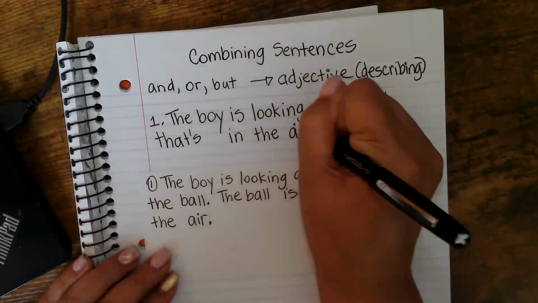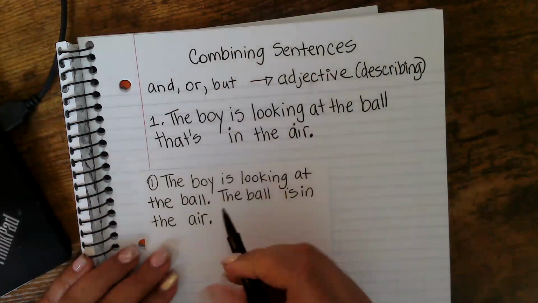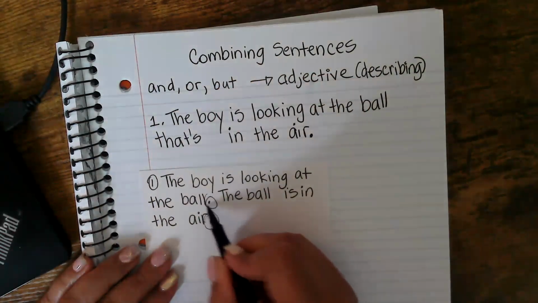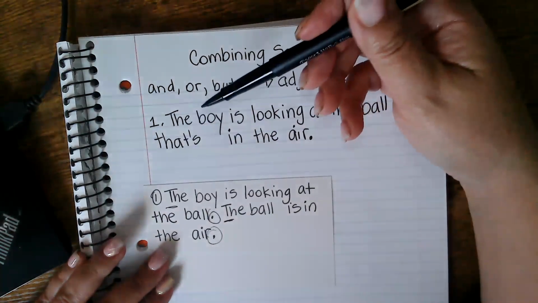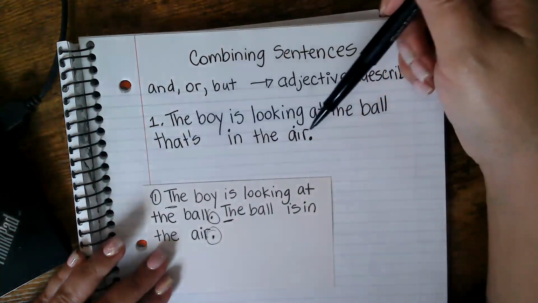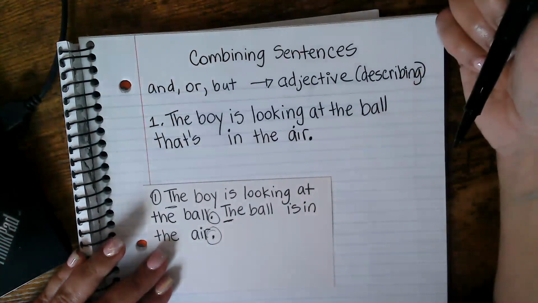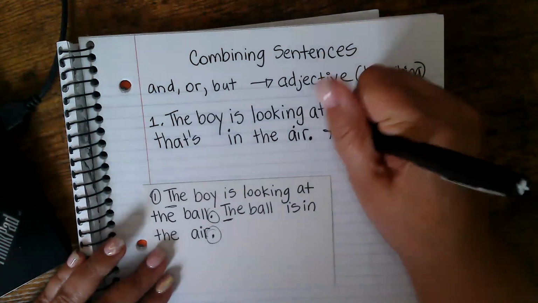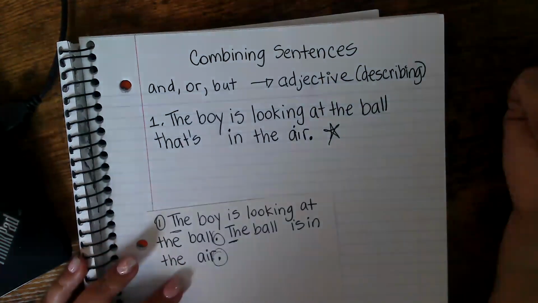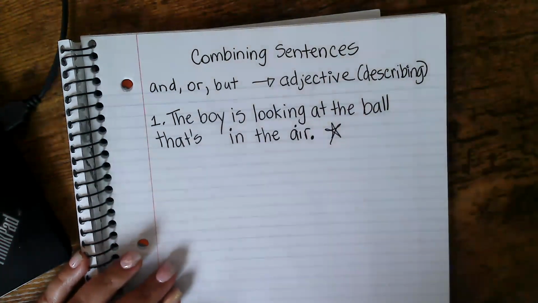So I took the two sentences, and you can tell they're two sentences, right? Because there's two periods and there's two capitals, and I made them one sentence. The boy is looking at the ball that's in the air. Your sentence might look a little different than mine. As soon as you're done with your sentence, give yourself a little star or a heart or whatever you want to give yourself. Because you're awesome.